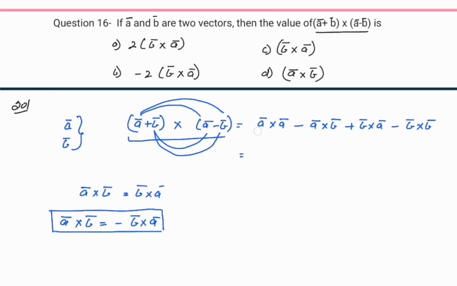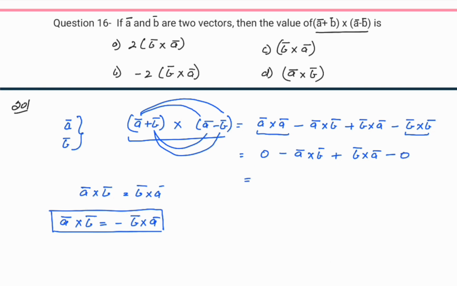Okay, then what will be the value of A cross A? It is 0 now, because we know two parallel vectors having a cross product, then we will get a result as 0. Minus vector A cross vector B plus vector B cross vector A. This will also be equal to 0.